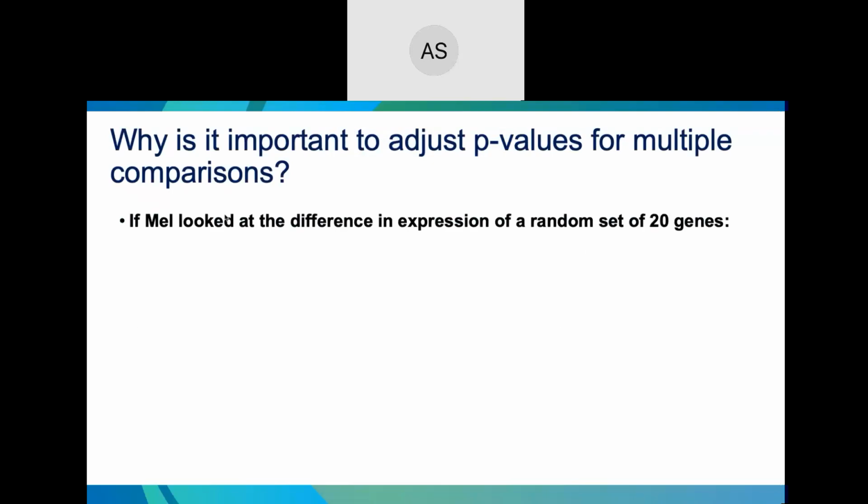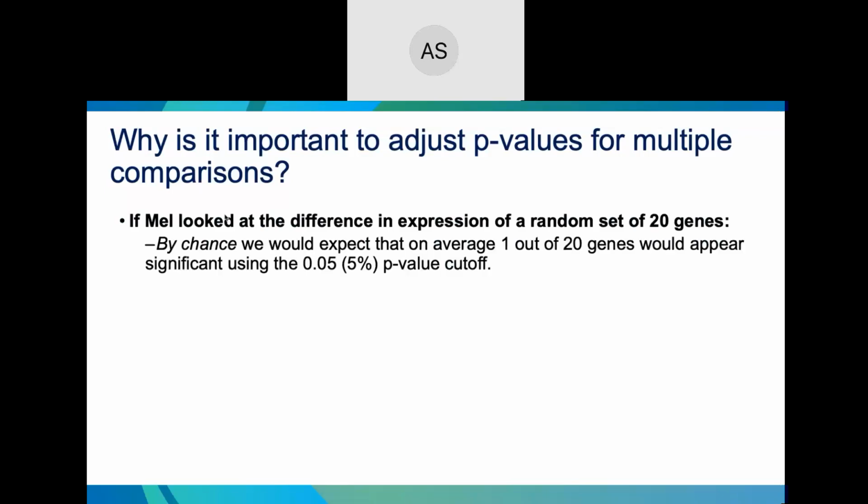So a way to think about why would multiple comparison testing introduce false positives in the first place. Let's say, instead of looking at 100,000 genes, let's just say Mel is looking at the difference in expression of just a random set of 20 genes, and then compared them between the iris species.